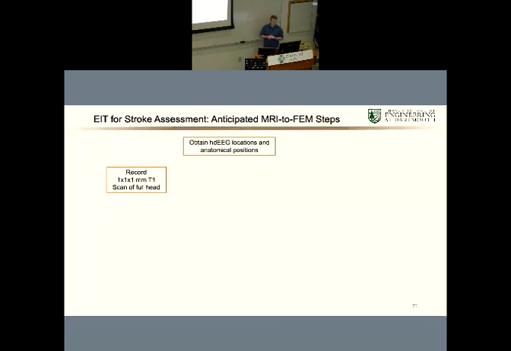All right, okay, good. Now we just have the MRIs, and our anticipated plan, we'll take these MRIs and we'll just make finite element meshes and everything will be great. And from Yinchen's perspective, he knew the process, and it's just like, okay, we just need a 1 by 1 by 1 millimeter T1 scan of the full head.